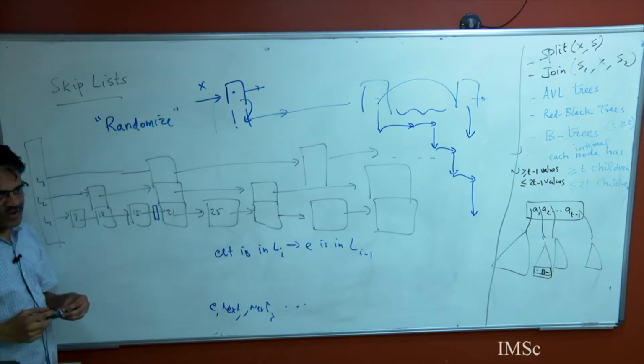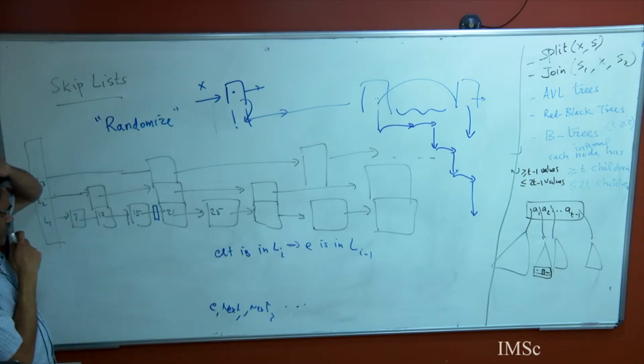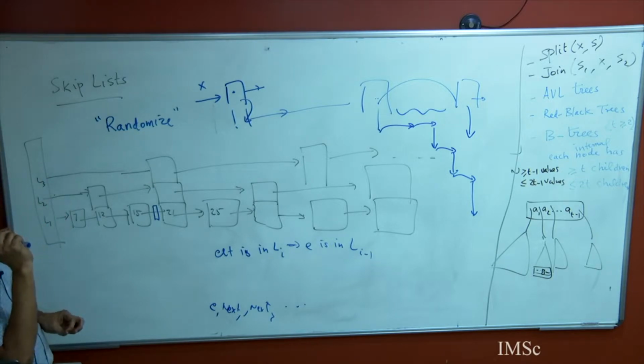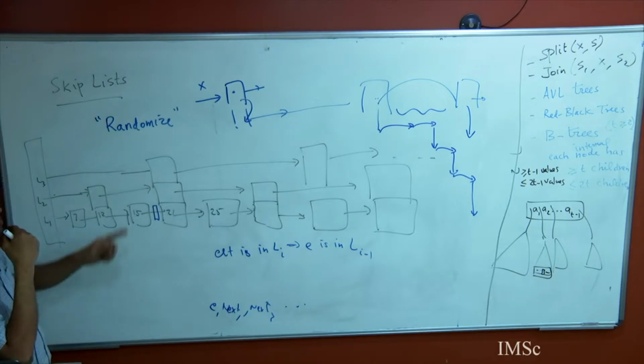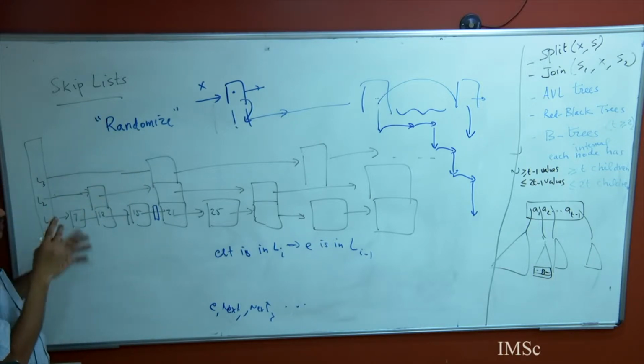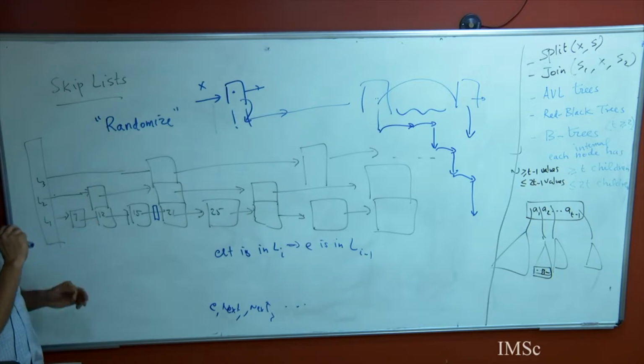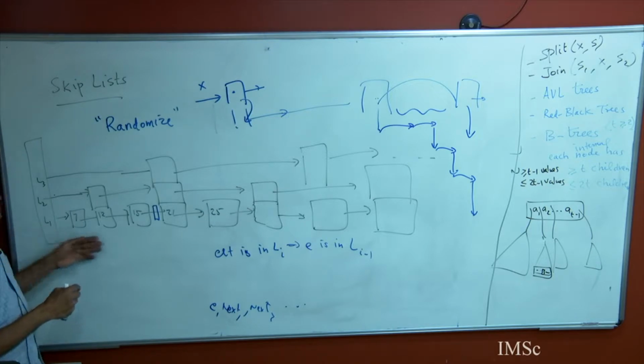Okay, so what does that mean? So I'll tell you how the insertion works. Search works exactly like this. So now I'm going to just step back. The structure is no longer like this. The structure is as follows. Every element is in list 1.